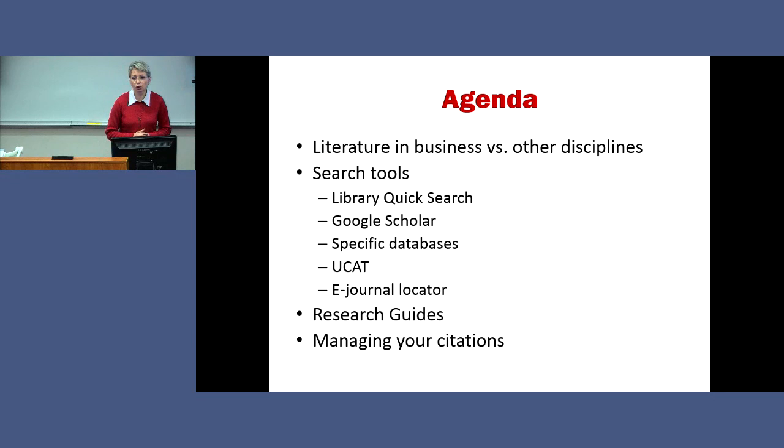After that, we'll talk about search tools that we have to offer on our library website, and we'll see how they compare and contrast, what they overlap, and when you will have to use one or the other. We'll look at the research guides and what they do to help you get oriented on the library website, and also how to manage your citations, how to manage your workflow.